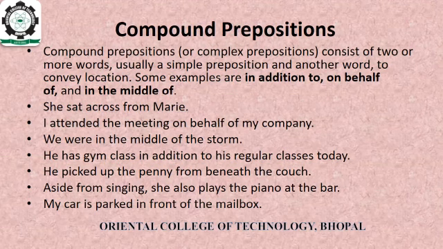Compound prepositions. Compound prepositions or complex prepositions consist of two or more words, usually a simple preposition and another word to convey location. Some examples are in addition to, on behalf of, and in the middle of.